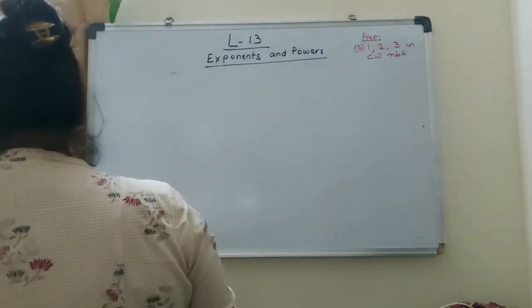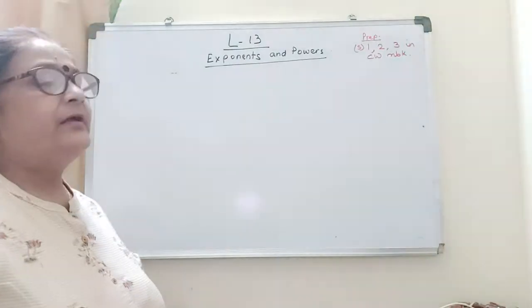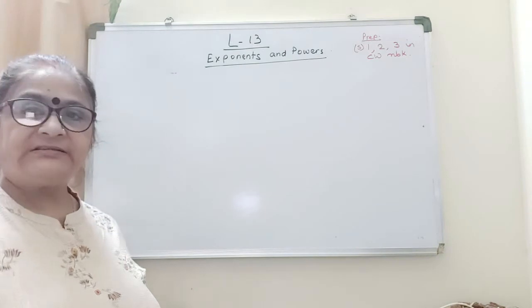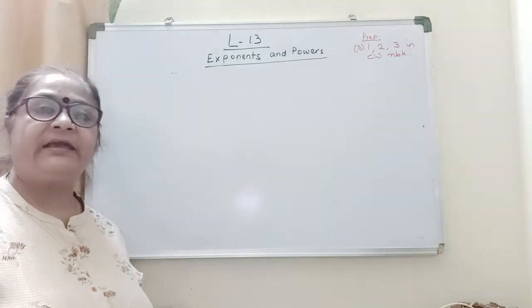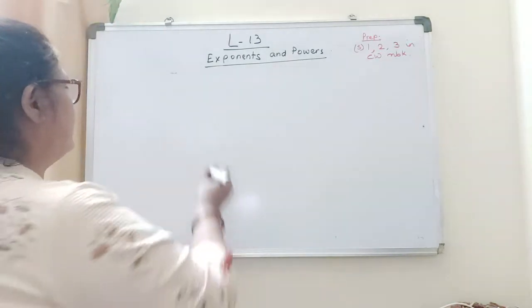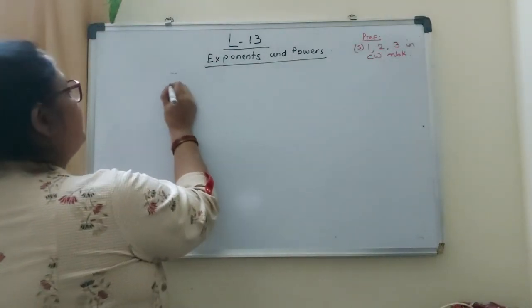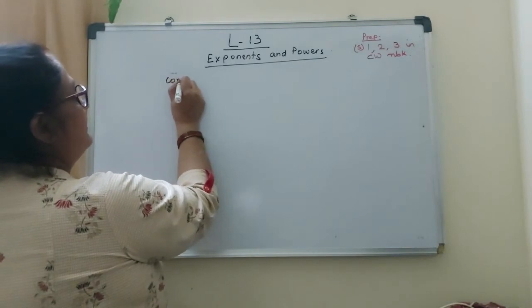Question number 4. Identify the greater number wherever possible. Now here comparison between the exponential form is given. For example, I'll give you the first example, that is you have to compare.